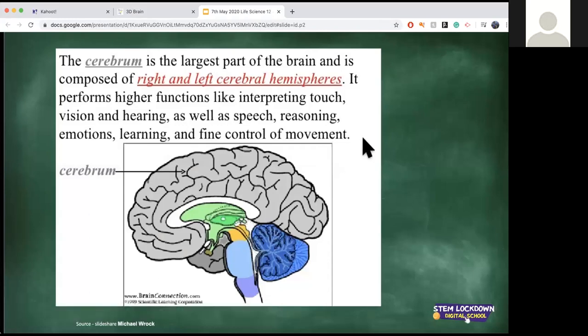Interpreting touch. So if you touch something soft, something warm, something cold, velvet, silk, cotton, that all is in your cerebrum. Vision and hearing, speaking, reasoning, learning, memory, fine motor control. This is all to do with your cerebrum.